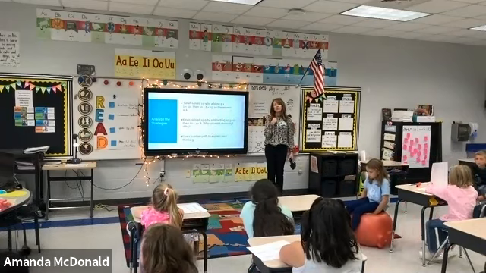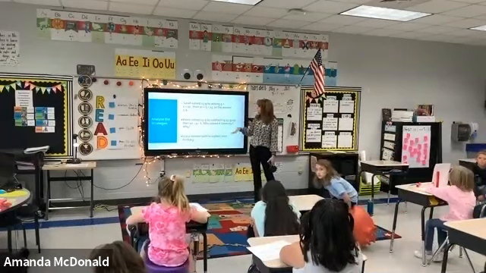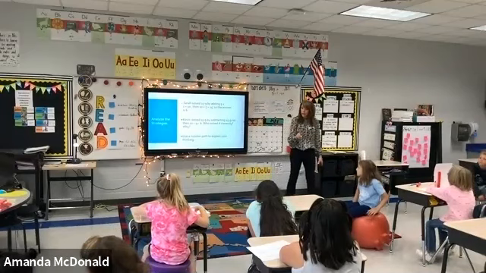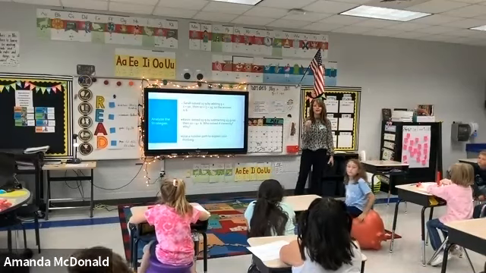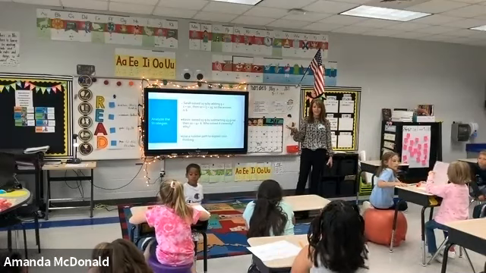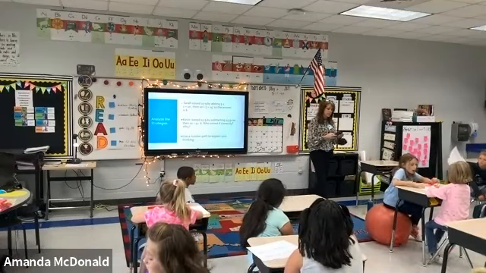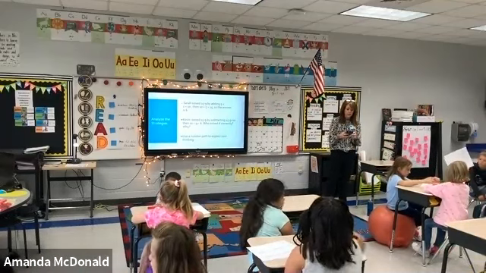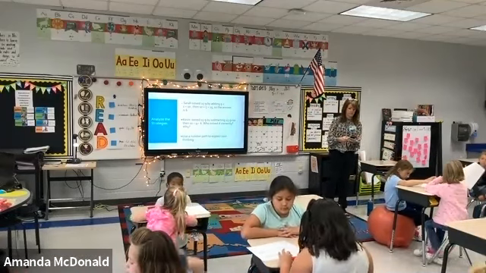What I need you and your partner to work on is to determine who is correct and why. And remember, our success criteria, you have to model on your paper or with your cubes and be able to explain who's right and why. Are you ready? Awesome. You are getting to work, and I'll be coming around and asking you all some questions. And so I'm going to let you get started, and I'll be around in just a second.